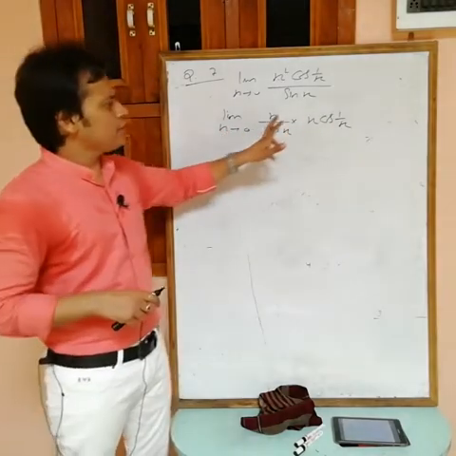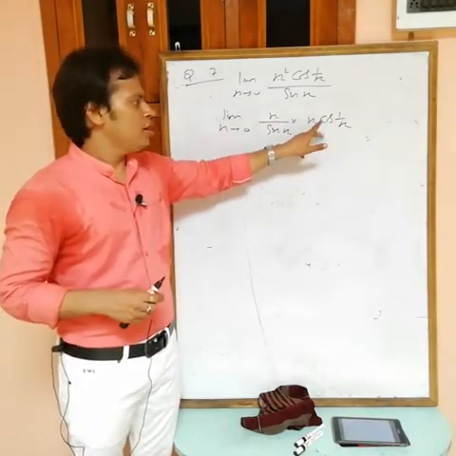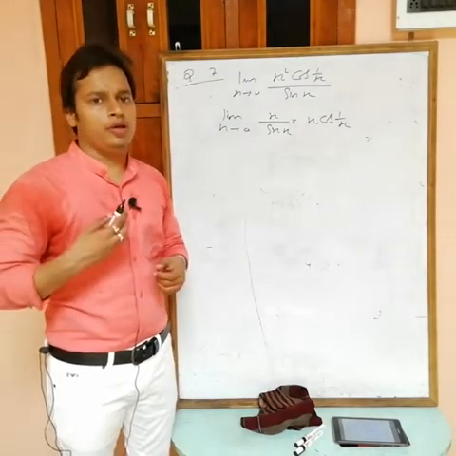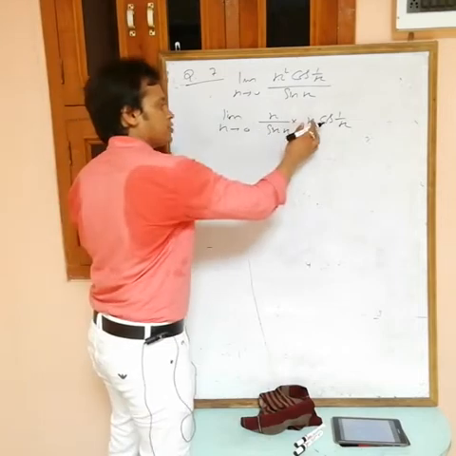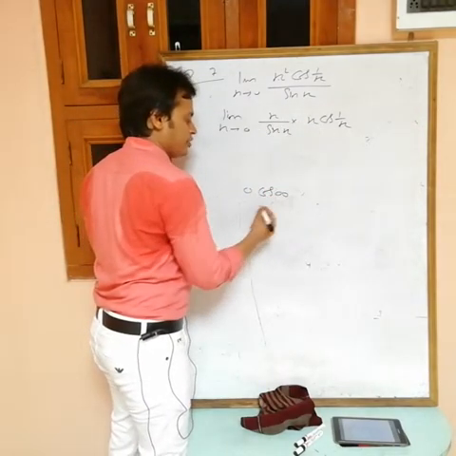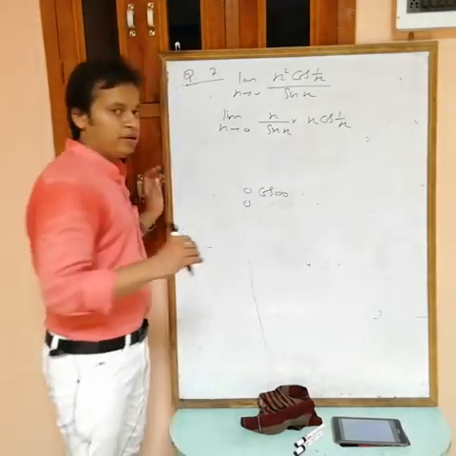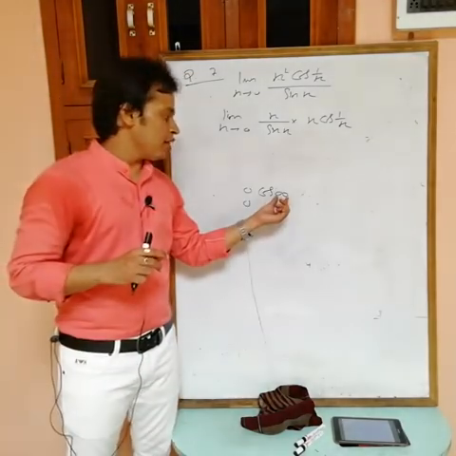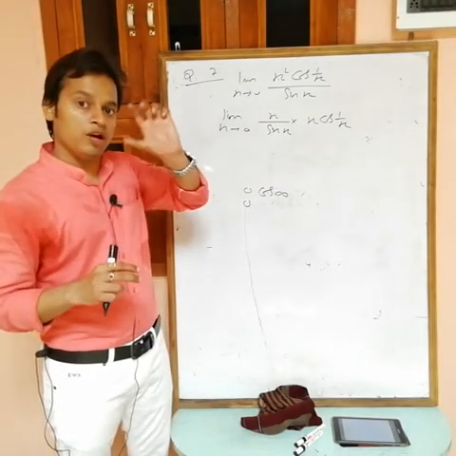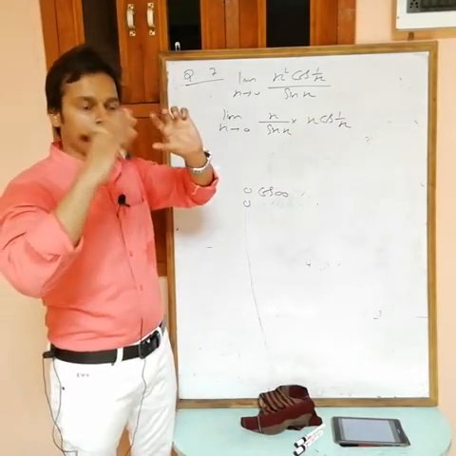If I put x equals to 0, this is 0, and this one is cos 1 by 0. Cos 1 by 0 is cos infinity. Now it doesn't matter. Write any value of x from minus infinity to plus infinity, but the value of cos is always from minus 1 to plus 1.